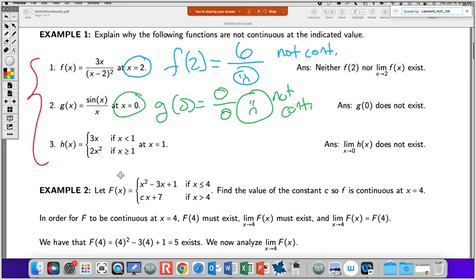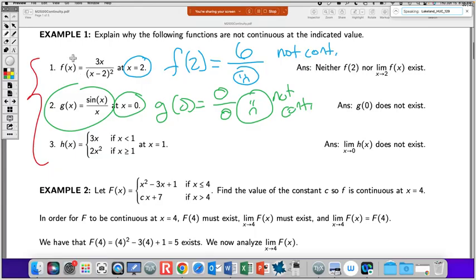In fact, it does, because this is a limit we know. This is one of those special trig limits, right? As x goes to 0, sine x over x goes to what? 1. So unlike f of x, which is going to have a vertical asymptote there at x equals 2, at least for g of x, yeah, g of 0 is not defined, but at least the limit exists, which means there's a what in the graph? There's a hole in the graph.